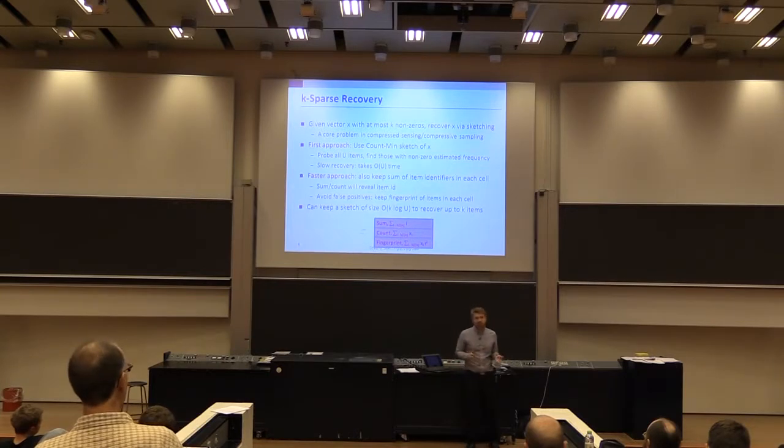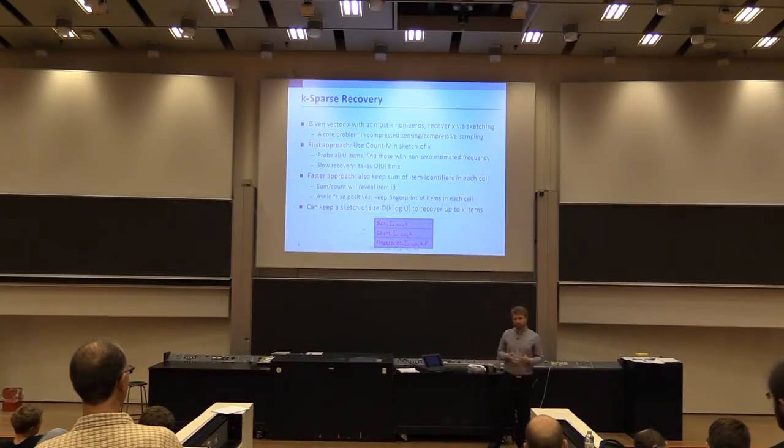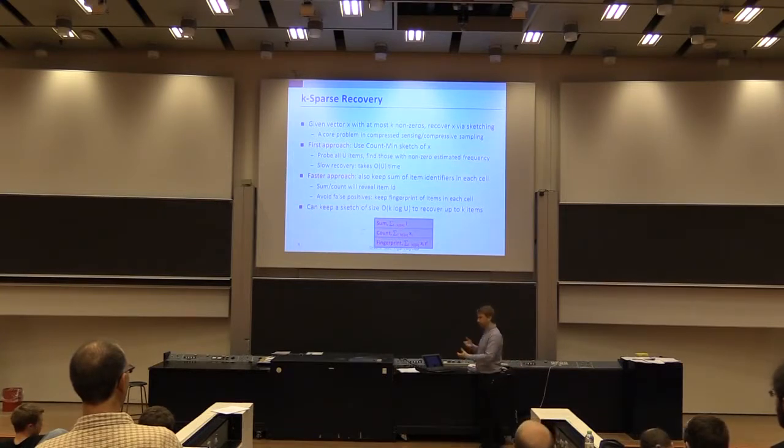So what you can do is essentially the same trick that Michael talked about, which is keep some additional information about what's mapped into the cell in a way that is a linear transform of the input again, so that as elements are added in and subtracted out, you're able to update this information.